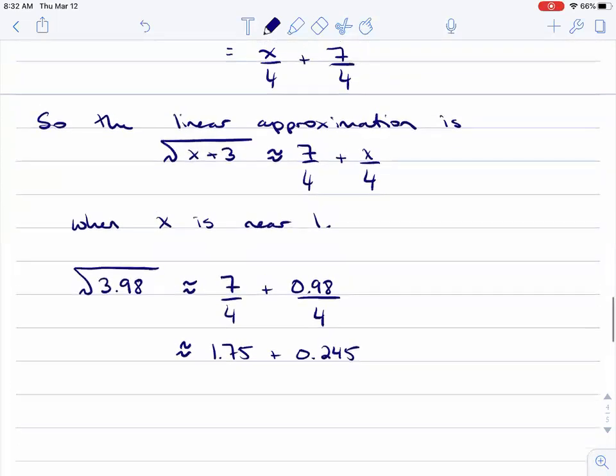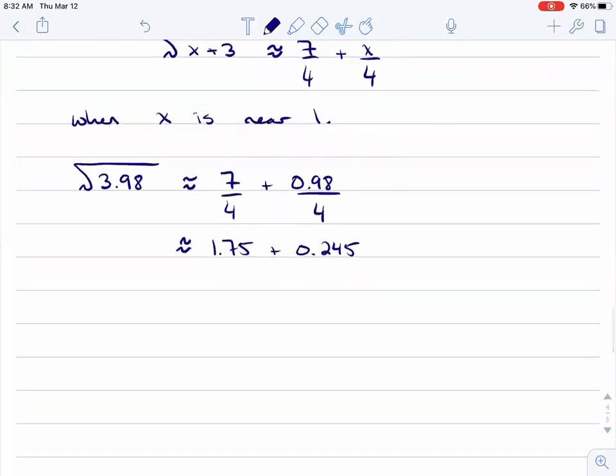So the 0.98, because we're looking at the root of x plus 3, right? If I want the root of 3.98, I'm assuming 3.98 is close enough to 3, right? Sorry, that 0.98 is close enough to 1, right? Because then my x is 0.98, which it should be. So then my x is 0.98, and that's why I'm using the 0.98 there.